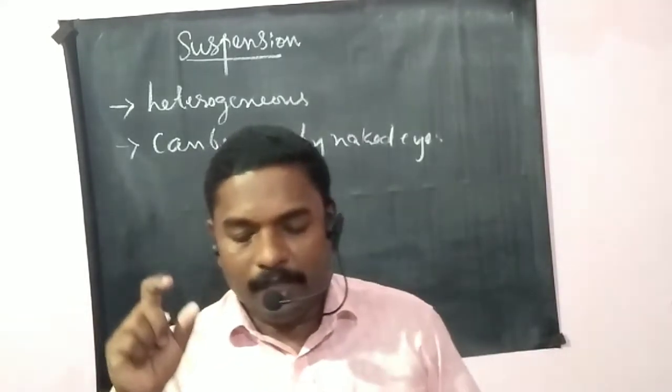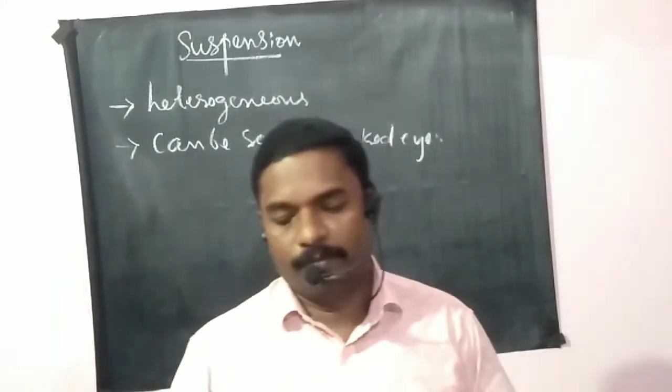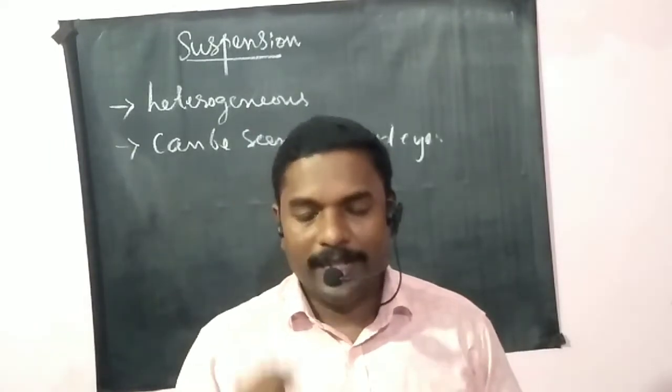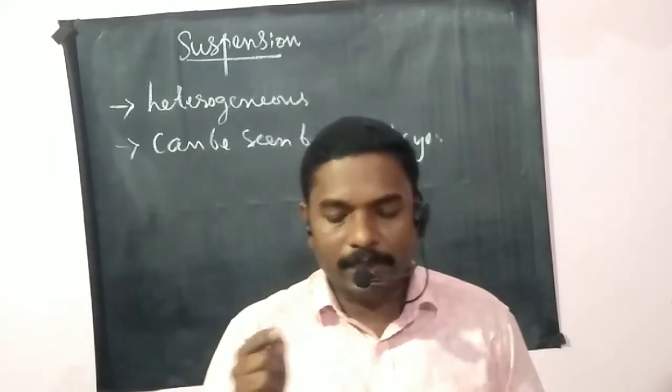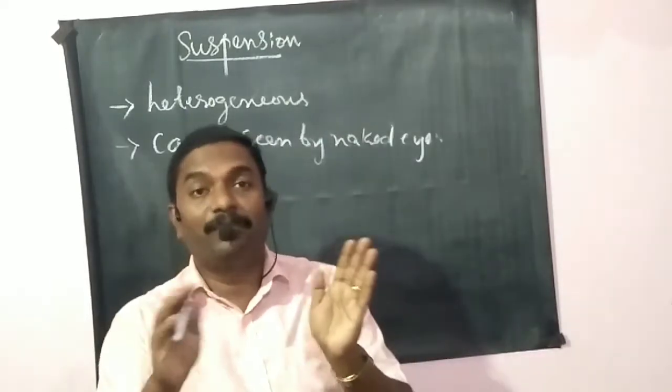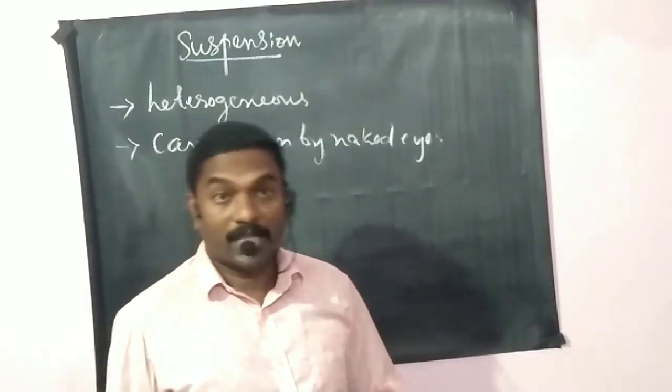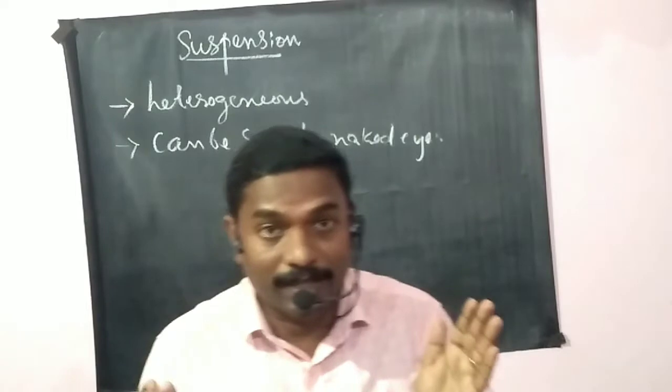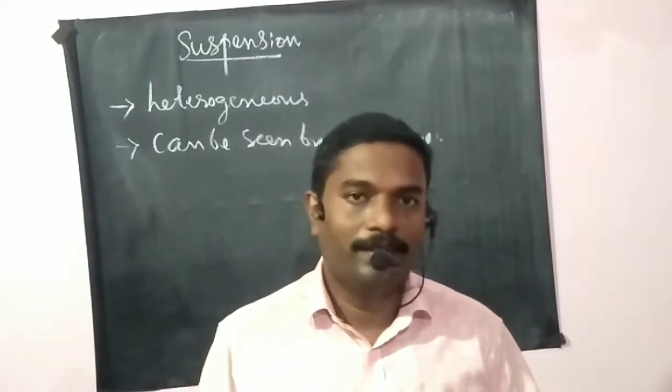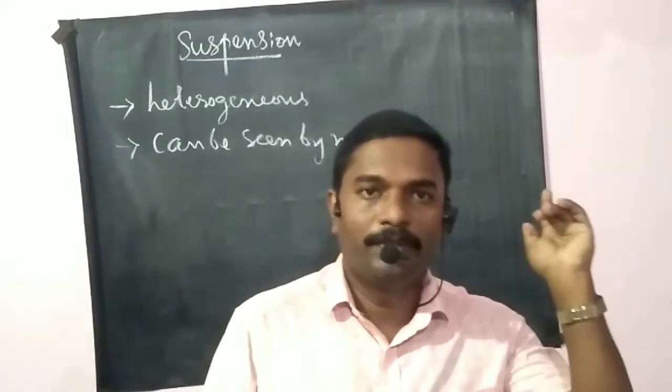Then the particles of a suspension scatter a beam of light passing through it and make its path visible. As we know, the size of particles here is much larger compared to that of a true solution.